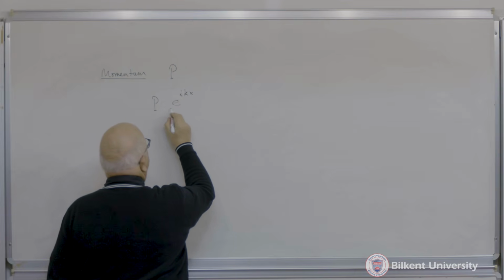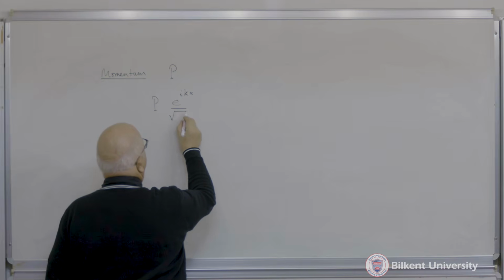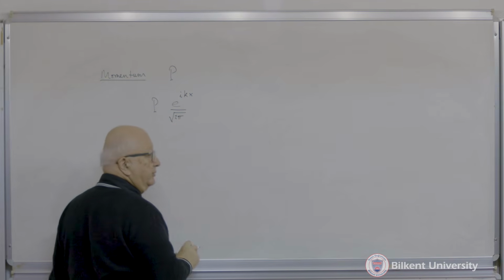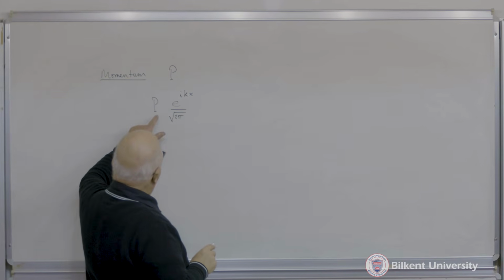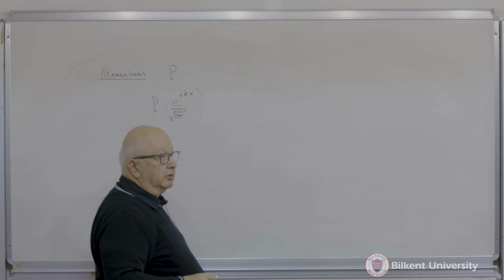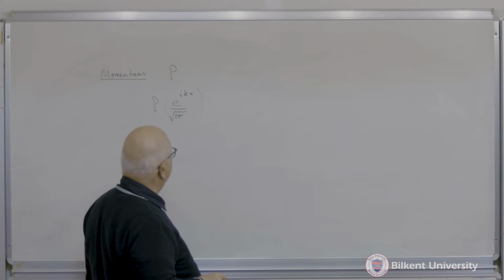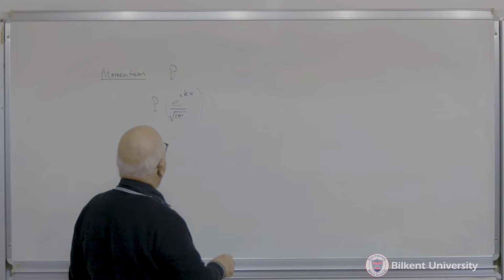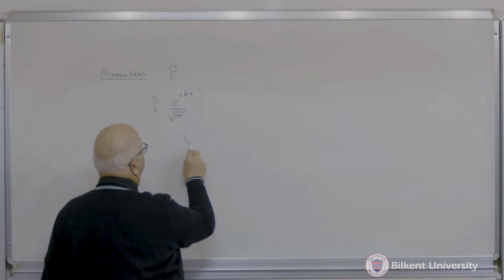And to be properly normalized, I need a 1 over square root of 2 pi here. So P acting on that, you see this is now my eigenfunction. If you like, this is f_k of x.